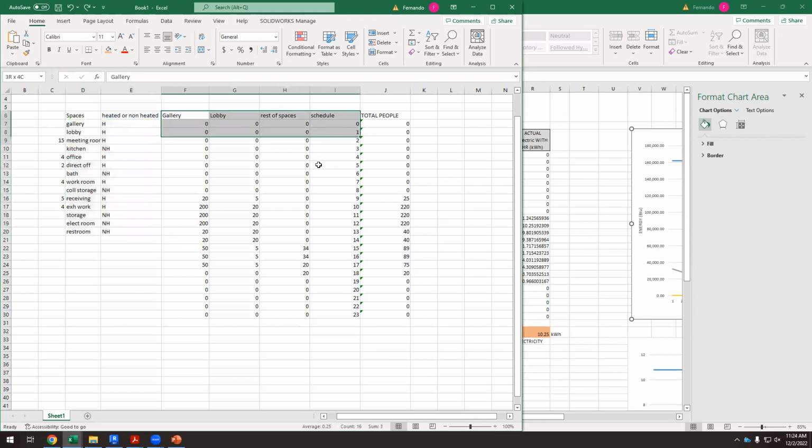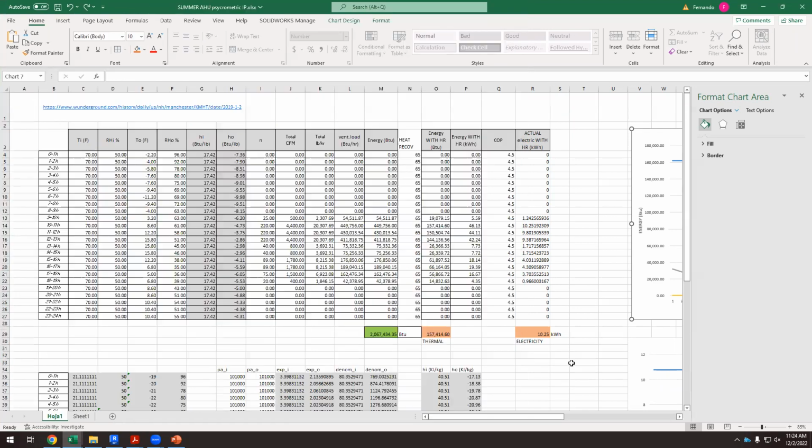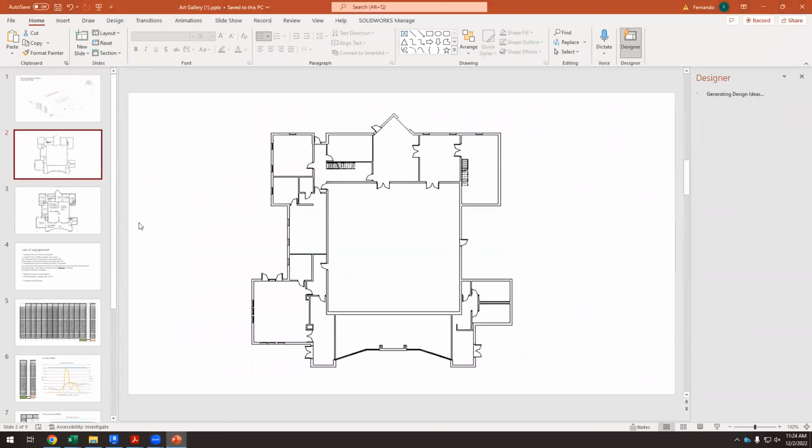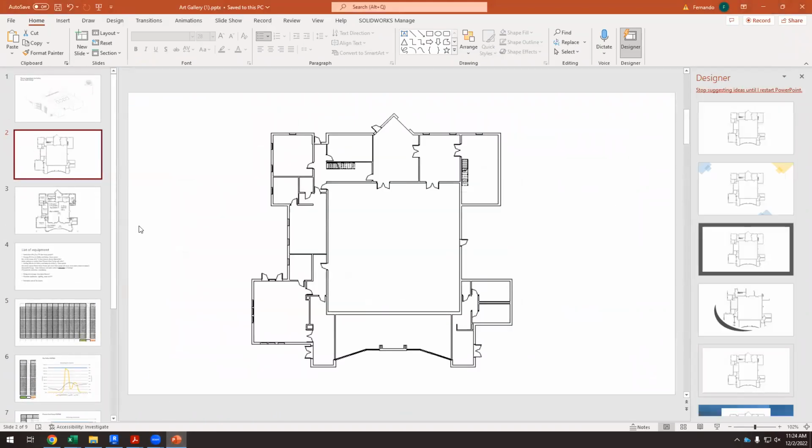And then I have to come up with my own schedule, and deal with the number of people that I have in different spaces at different times of the day. And then I can use this and have the energy. But now I have to work with the system itself.